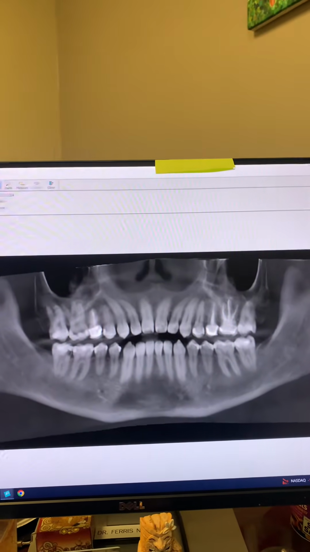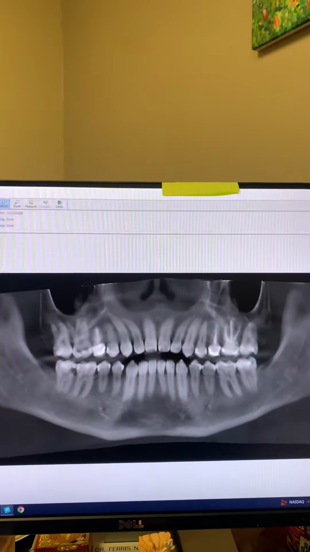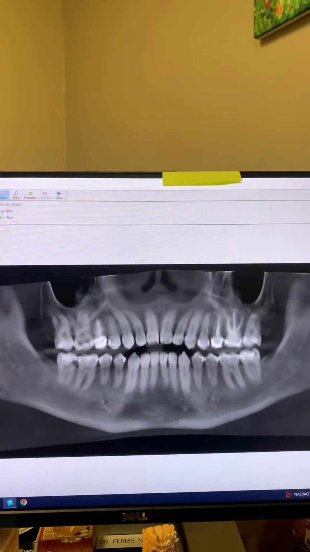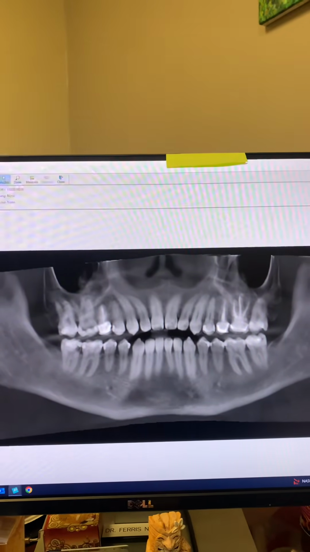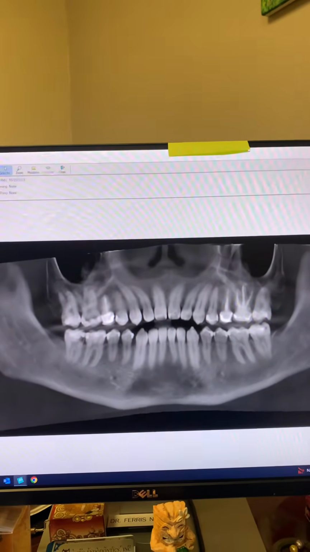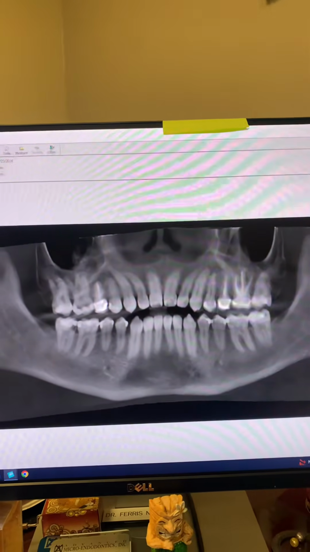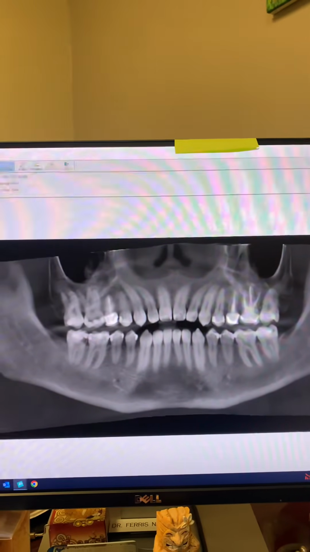My response to them is always, why did you not take an intraoral radiograph? And they say, well, in my clinic, we don't take intraoral radiographs, we take panels. And I always tell them, panoramic radiograph is not the proper radiograph for endo-related matters.